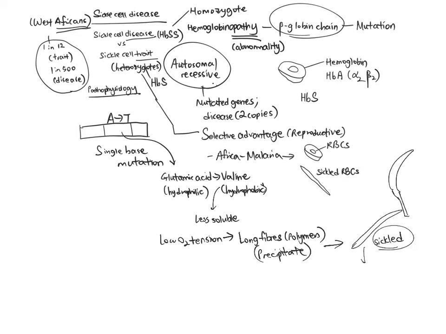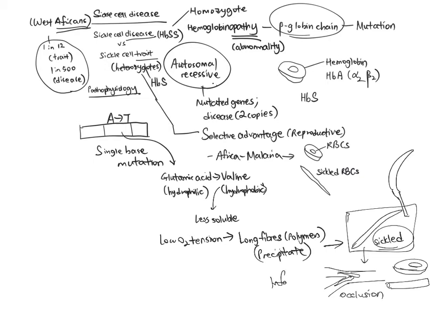And these sickled red blood cells are different from the normal shape of red blood cells, which is meant to be biconcave and disc-like. So it can fit relatively nicely through the small blood vessels, including the arterioles and the venules. However, the sickled red blood cell tends to get lodged within tight junctions, and it can actually cause occlusion, which we will talk more about later, and that can result in infarction of certain organs.